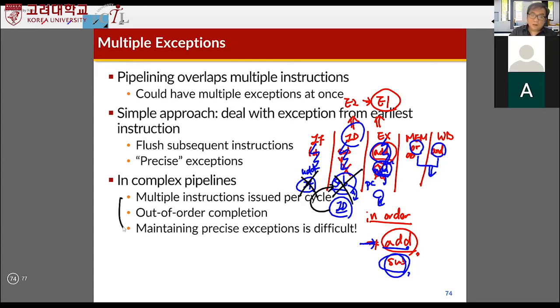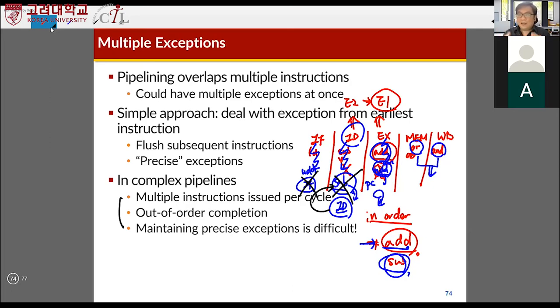But in a complex pipeline processor, like an out-of-order processor, it is very complex and complicated, and the execution order of the instructions is out of order. That means the order of instructions is shuffled. But this out-of-order processor is applied in high-performance computer processors, such as laptop or desktop computer systems.